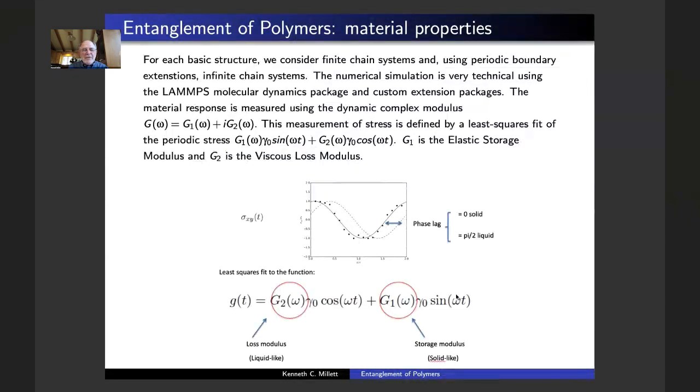You'll see this equation with a G2 and a G1. The G2 term sort of captures the characteristics when that's the dominant one, it looks more like a liquid, whereas the G1 term, if that's the dominant term, it looks more like a solid. Things are really tangled together.